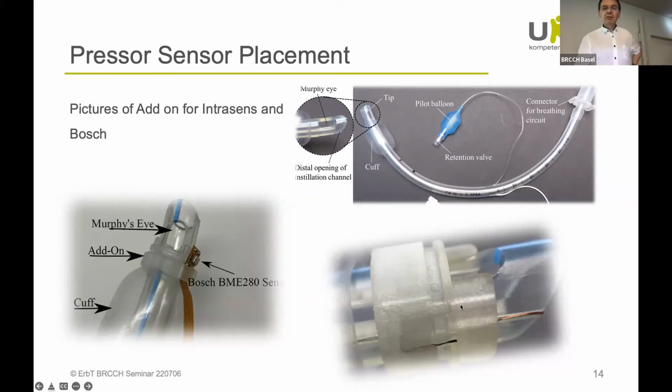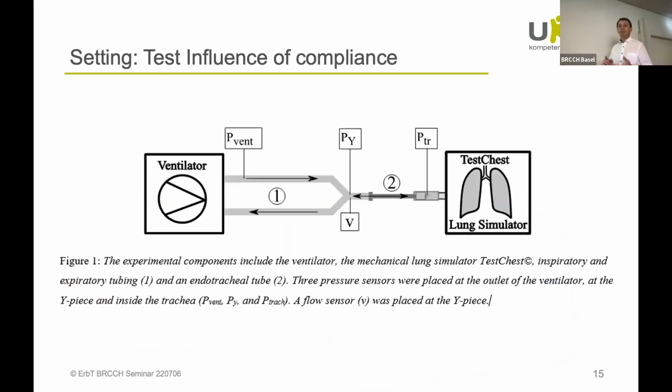As you can see here, with the very small IntraSense pressure sensor, you could even use the lead and drain it up through an instillation channel that's available in some specialized tubes. So basically, you have the technical possibility to bring a pressure sensor to the tip of the endotracheal tube.